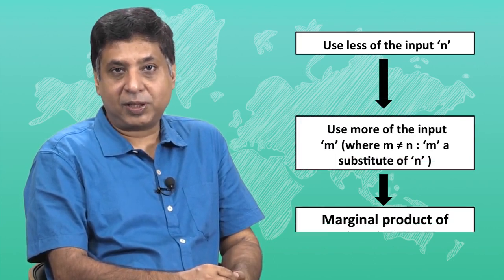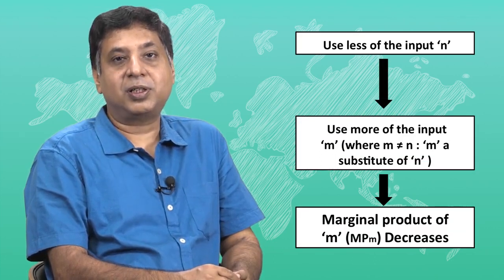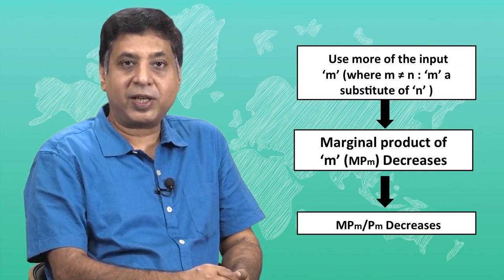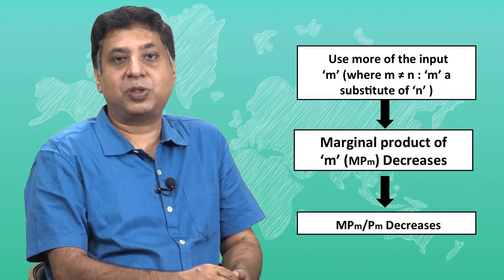For that input, the marginal product will decrease, so consequently the marginal product divided by the price will also decrease. So that is the way you will go back to the equilibrium, such that the marginal product by price across all inputs would be equalized.